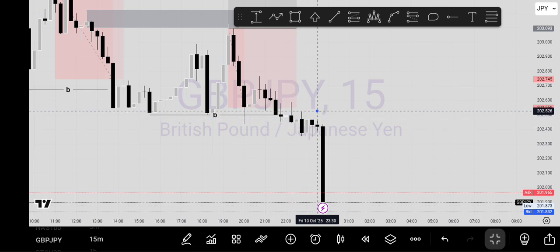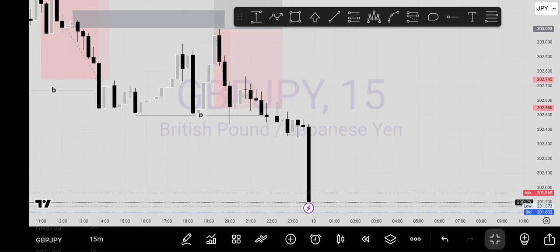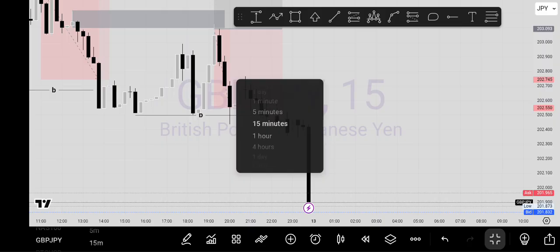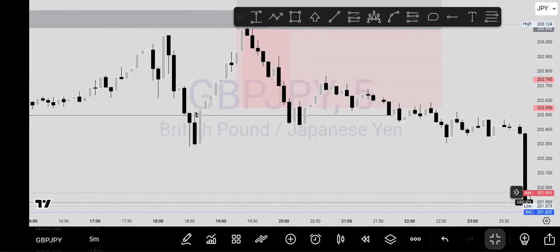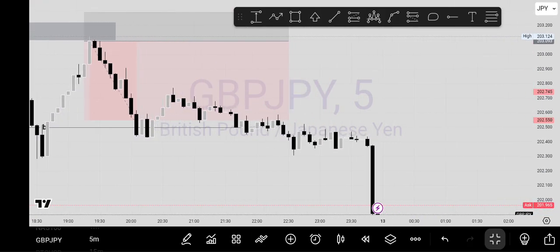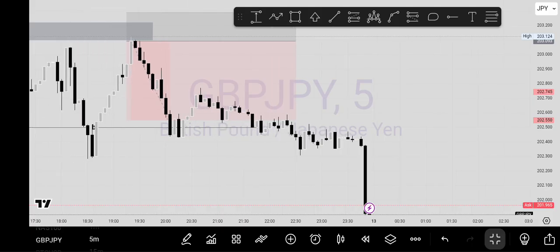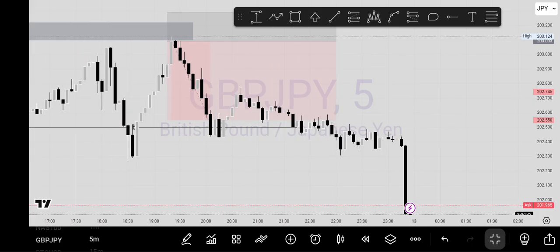If we have such a scenario where an order block is already mitigated, then we would rather go to a lower time frame and confirm any available order block with the same pattern, that is the bearish engulfing candle.